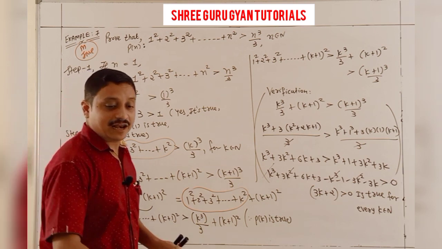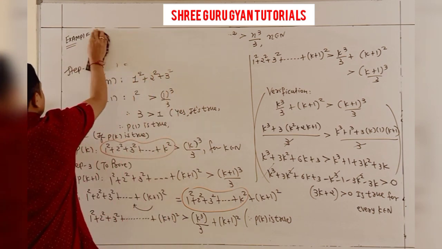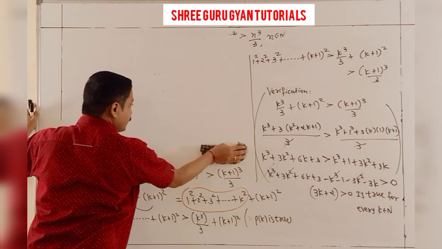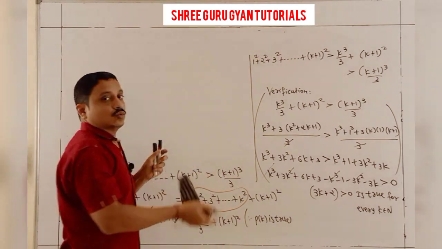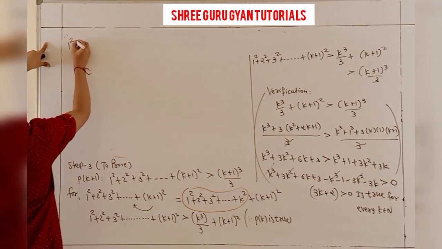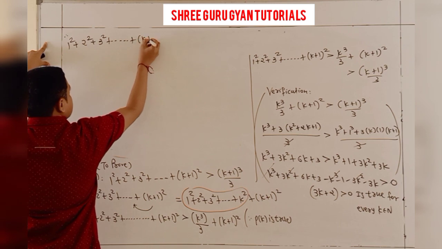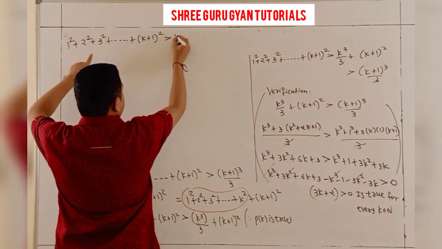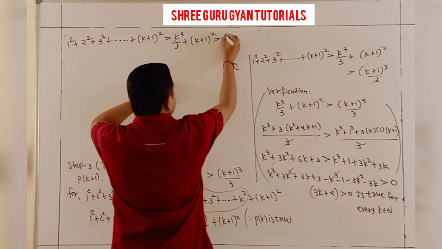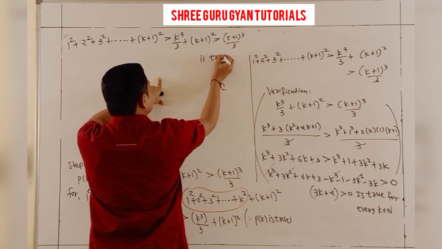After that, I show the last steps. So proving the verification condition is necessary. Calculate and show that 1 square plus 2 square, 3 square up to k plus 1 whole square is greater than k cube by 3 plus k plus 1 whole square, which is greater than k plus 1 cube by 3, is true.